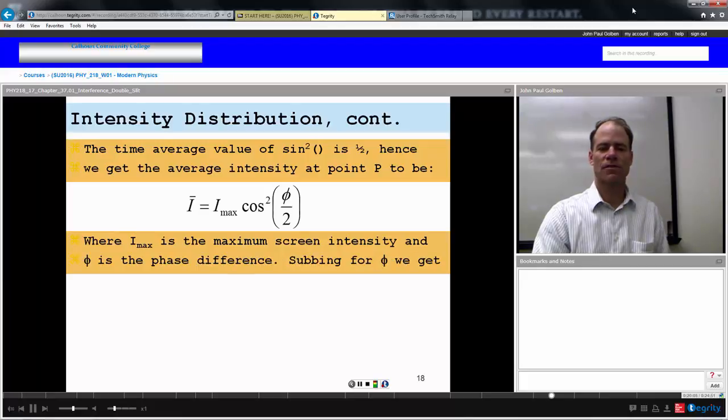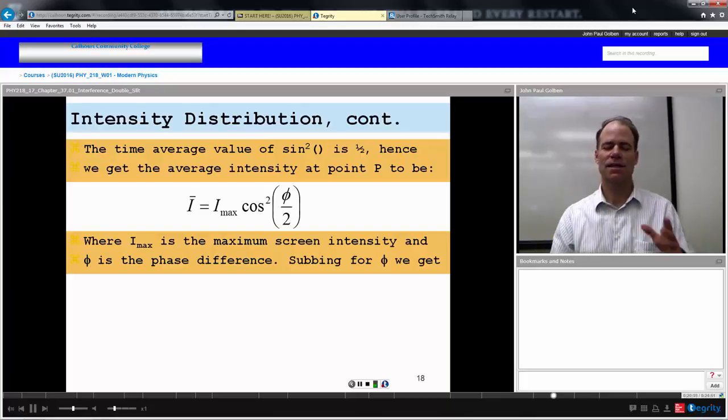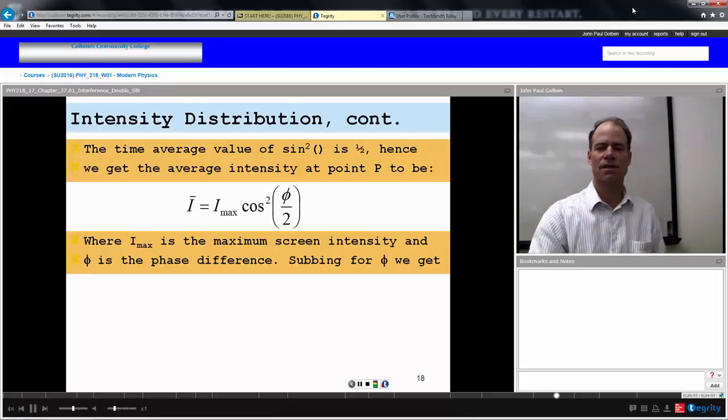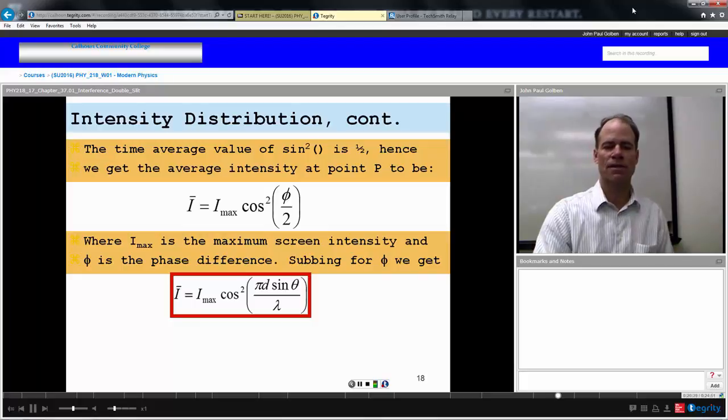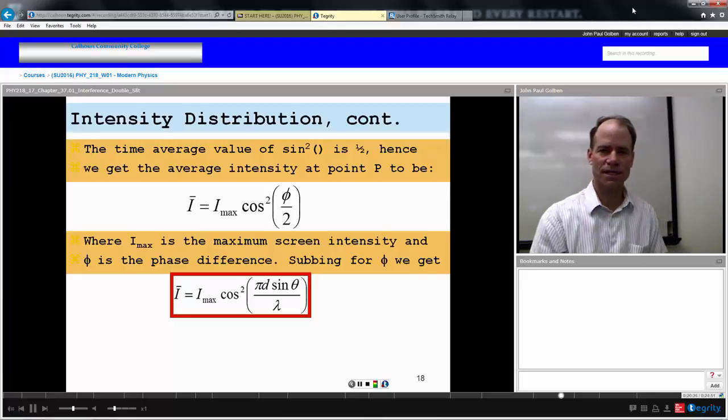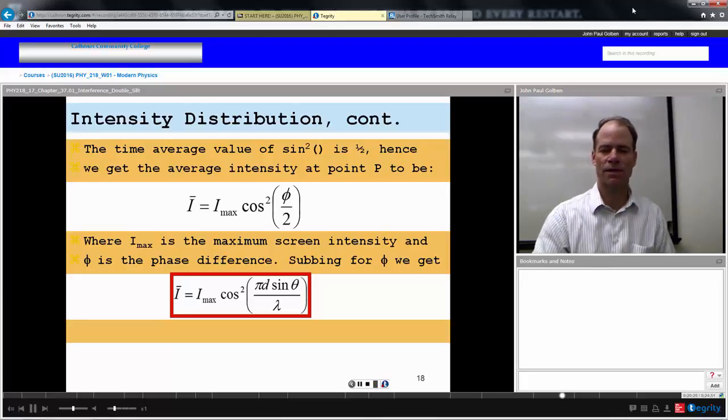Phi is the phase difference, and hence we can see that the intensity is going to vary as the cosine squared of this phase difference. Subbing for the phase difference that we had earlier, we have that the average intensity is equal to I max cosine squared pi times d sine theta over lambda.